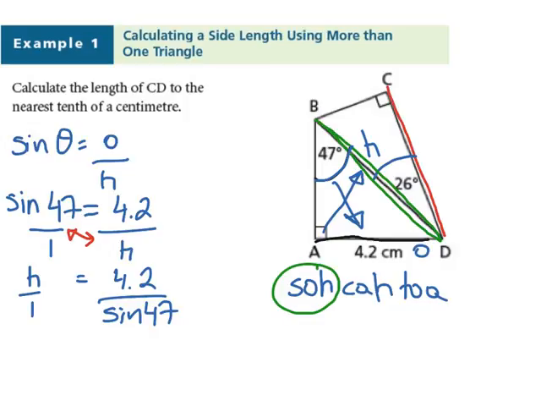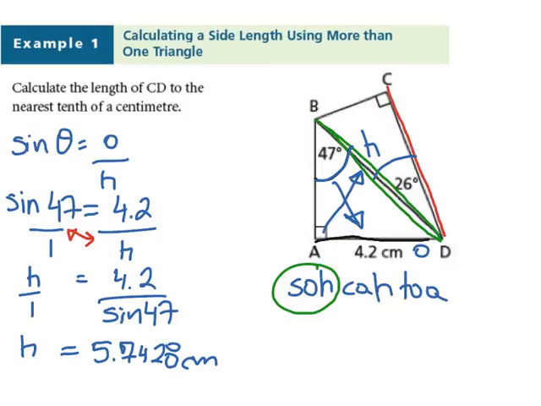Plug this into your calculator, make sure you're in degree mode, and we get a hypotenuse of 5.7428 centimeters. Notice in this situation, we don't really care that the question is asking for the nearest tenth, because we're going to be using this number further to calculate our CD. We're going to keep as many decimals as possible to make sure that the answers are accurate.